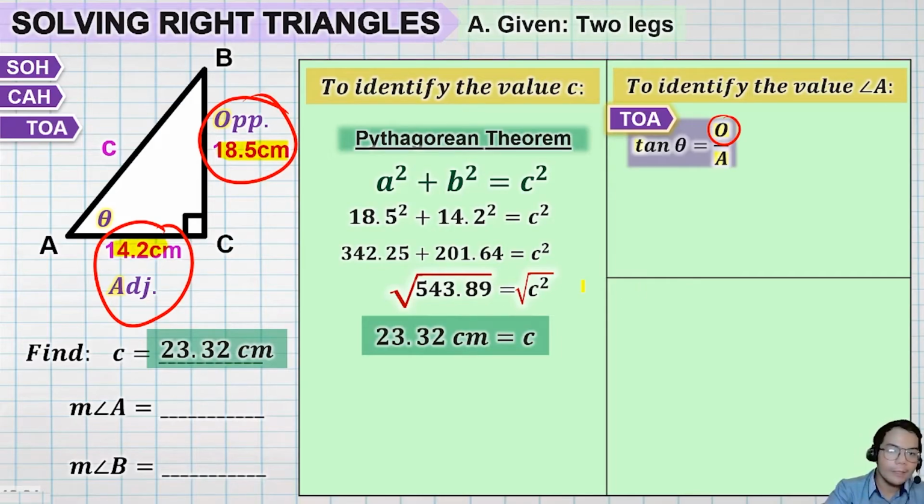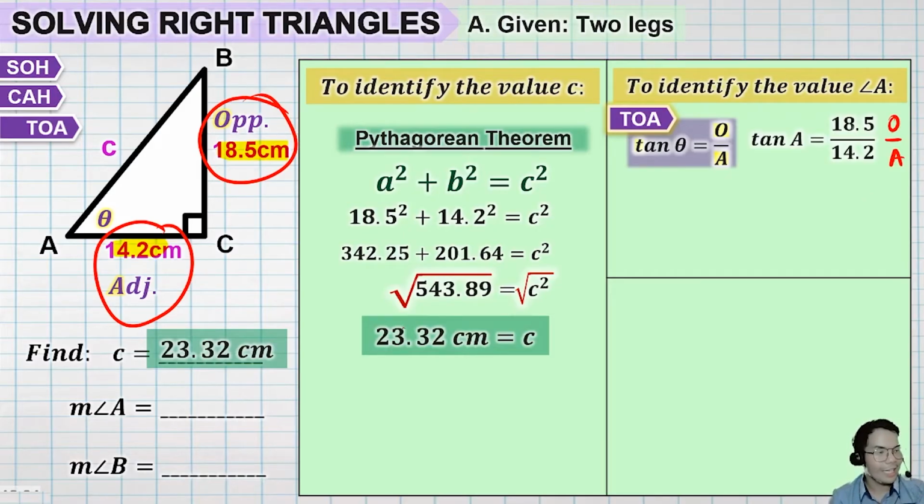So if we try to interpret this in such a way na nakaka-relate siya with angle A, gagawin na nating tangent of angle A, kasi yun yung angle na tinutukoy natin. Yun yung ipapalit natin kay theta, si A. And then, ang opposite side natin ulit ay 18.5, kaya nasa taas. And then, nasa baba is the adjacent side which is 14.2. Gets?